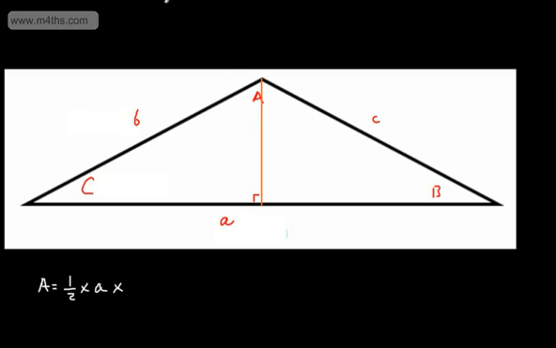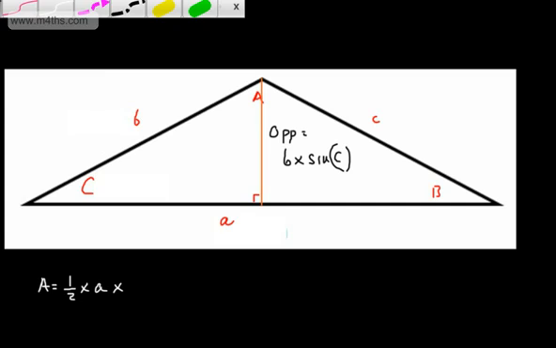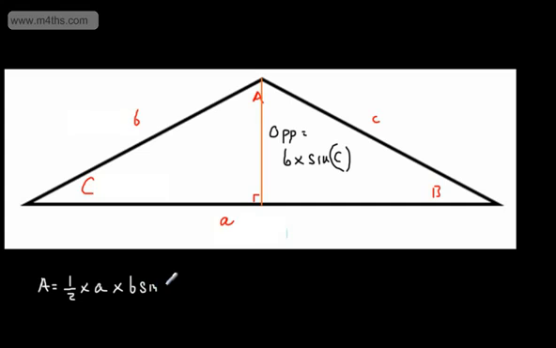Now the perpendicular height, if we consider what this is right here, this is the opposite, and the opposite is going to be B multiplied by sine of C. So all we're doing to get this height is this length multiplied by the sine of the angle. So what we can now write is multiplied by B sine of C. So, tidying this up a little, this is going to be 1/2 AB sine C, and that gives us the area of our triangle.